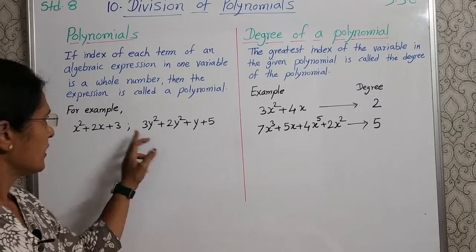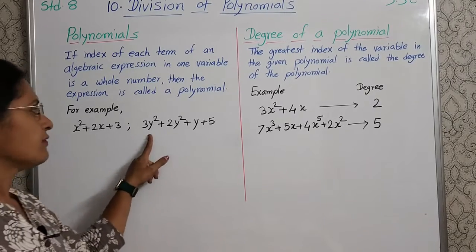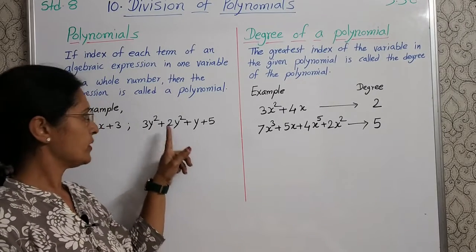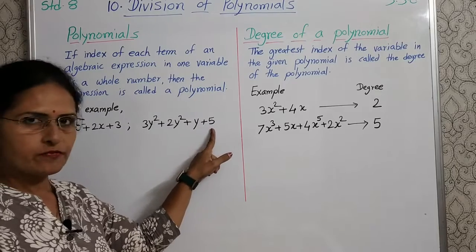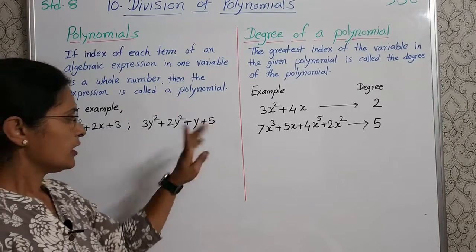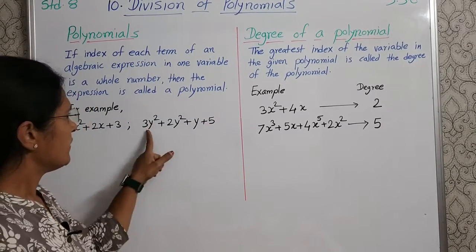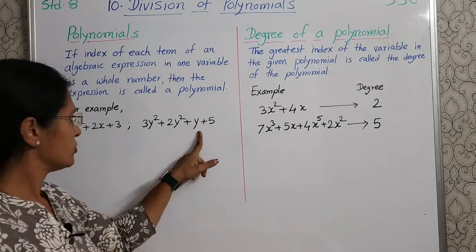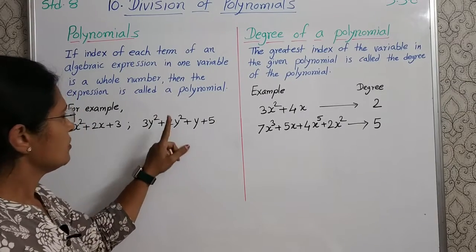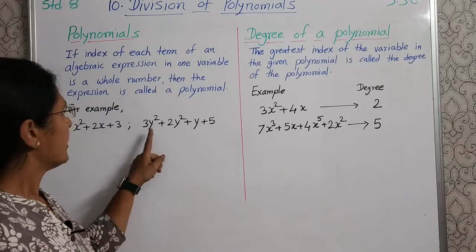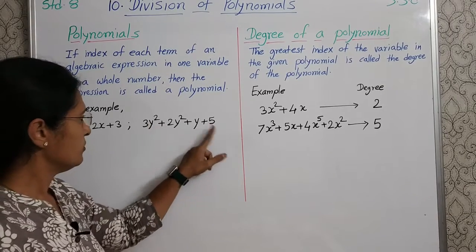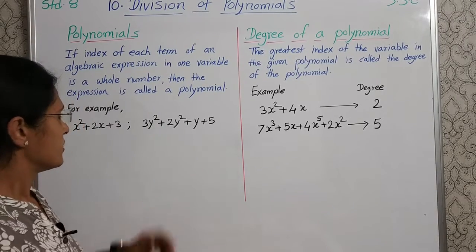Now see the second example, 3y cube plus 2y square plus y plus 5. Now here there are four terms and the variable is y. So this is an expression in one variable, and for each term see the index.